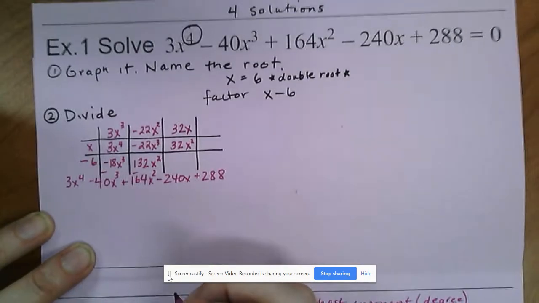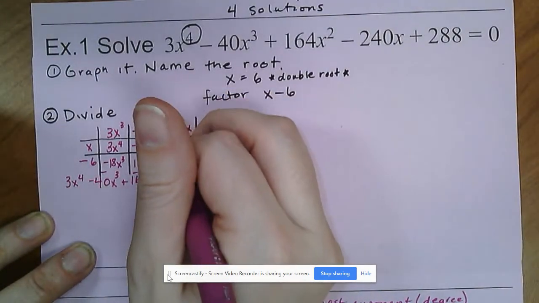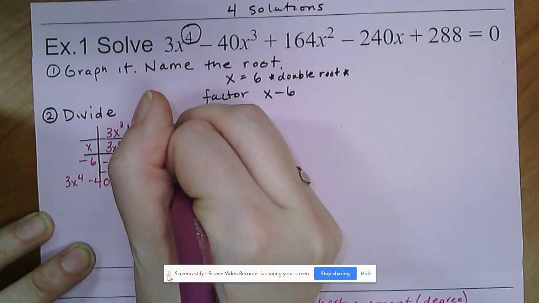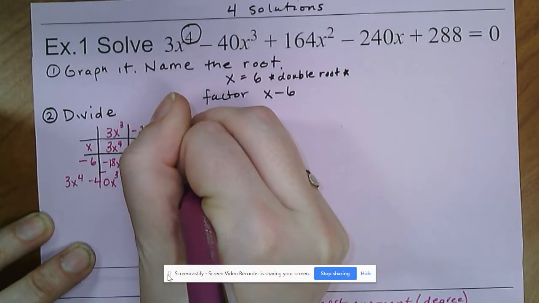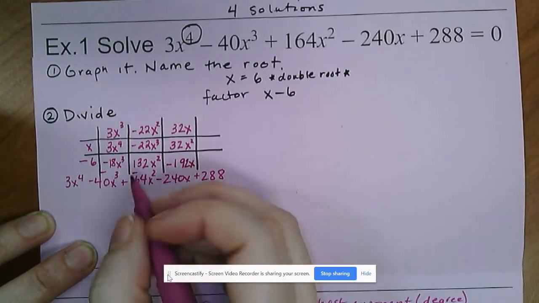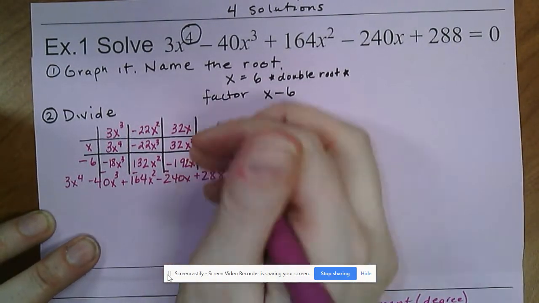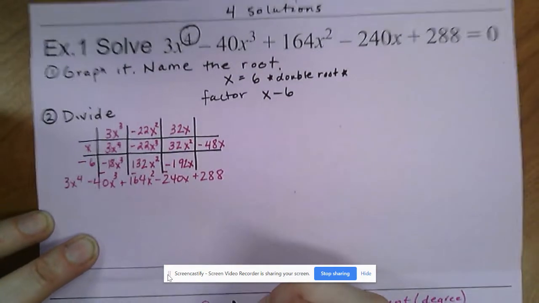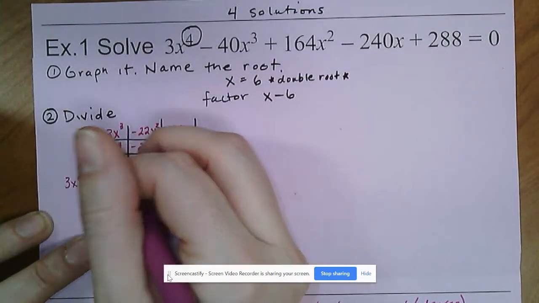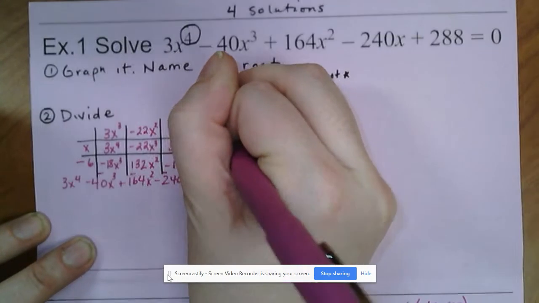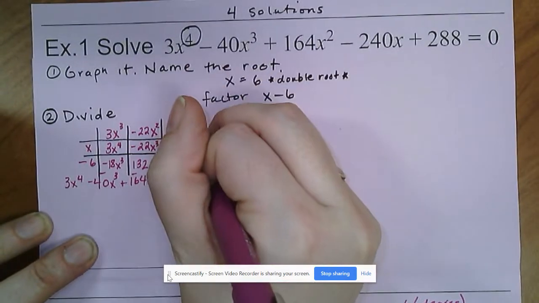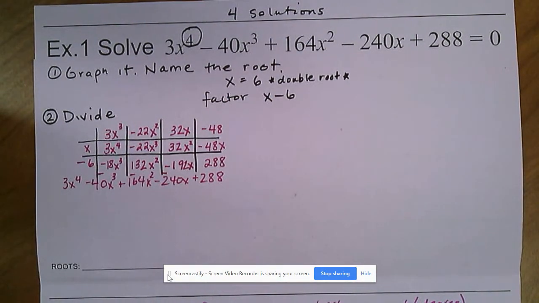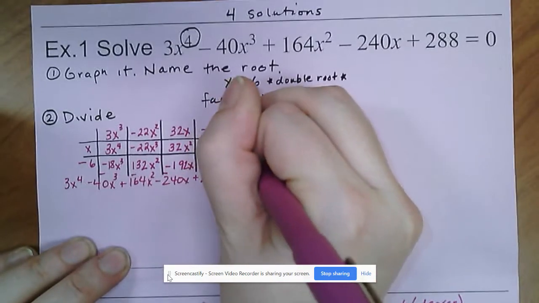And then I multiply my row and my column, and I get negative 192x. And then I'm going to subtract those. I get negative 48x. And I multiply x by negative 48 to get negative 48x, and then I multiply my row and my column. I know it didn't really look like this was going to work out, but it did. I have a remainder of 0.